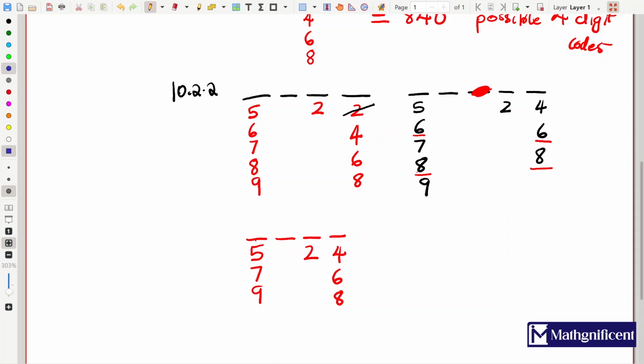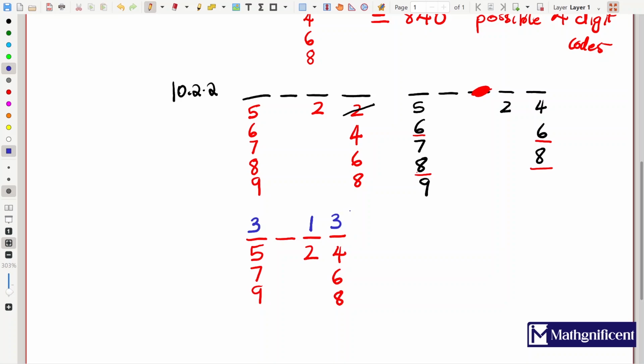So that leaves us to choose this restriction, for a number to be an even number, we are only left with what? We are only left with 3 choices to choose from. So this is 3, and then here we are only left with 1 choice, and then here we are left with 3 choices. And then remember, because we have 8 numbers in total, we have already chosen 3 numbers already.